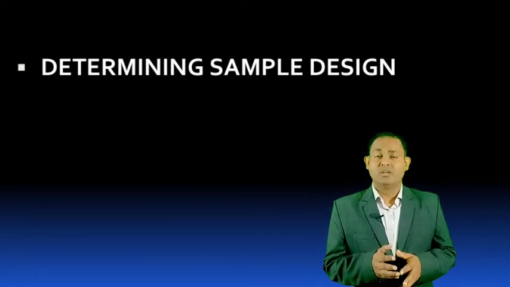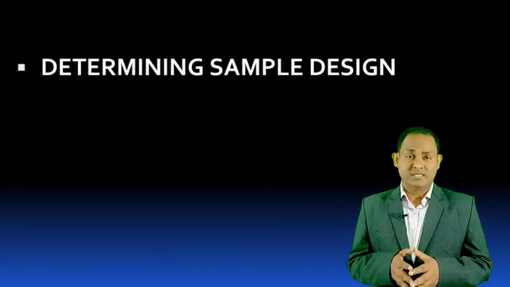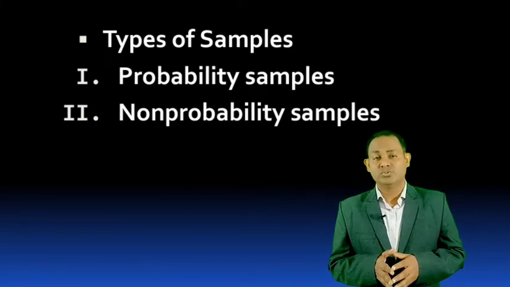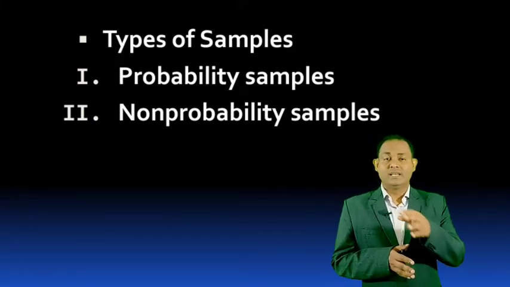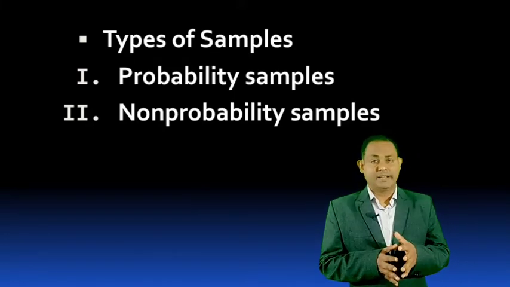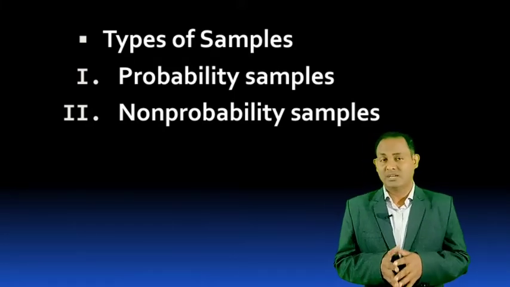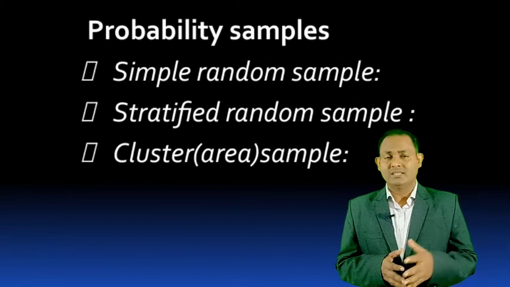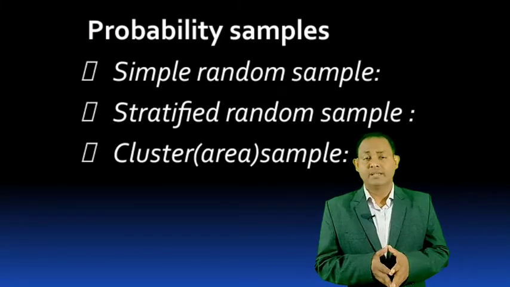It is very important, and there are very interesting types of sampling you can use. Probability sampling is classified into simple random sampling, stratified sampling, and cluster sampling. These are the three subdivisions of probability sampling.